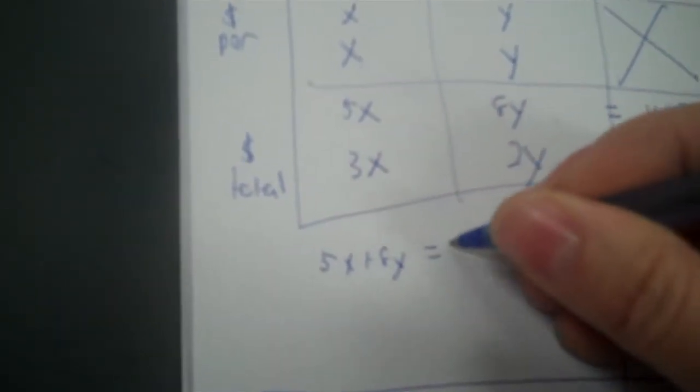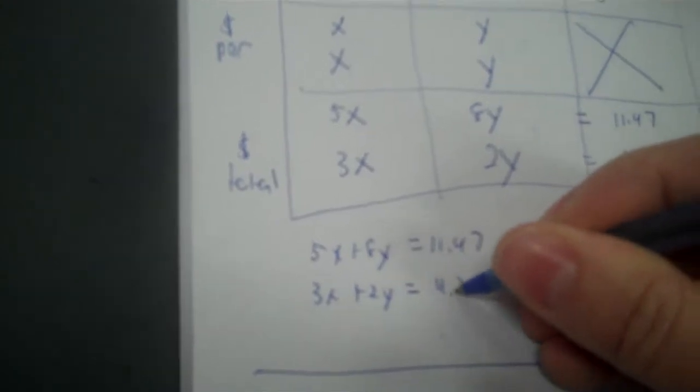And then 3 times X would be 3X. 2 times y would be 2y. And there's my 2 equations right there. Okay, I just have to solve them. So we have 5x plus 8y equals 11.47, and then we have 3x plus 2y equals 4.25.